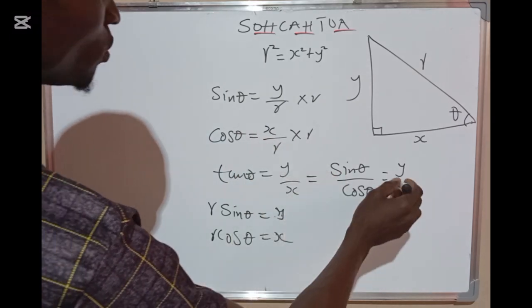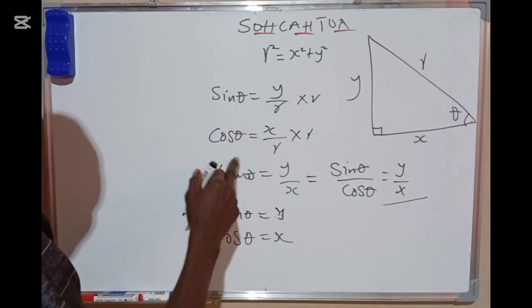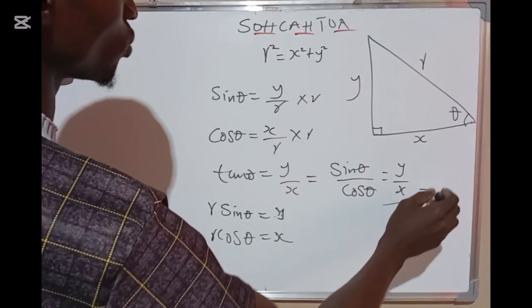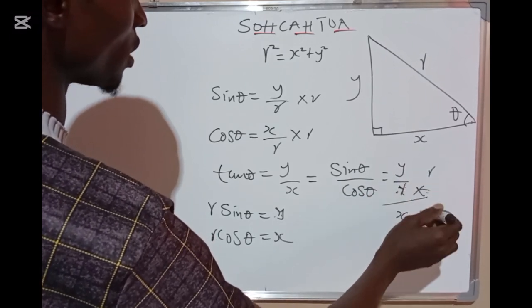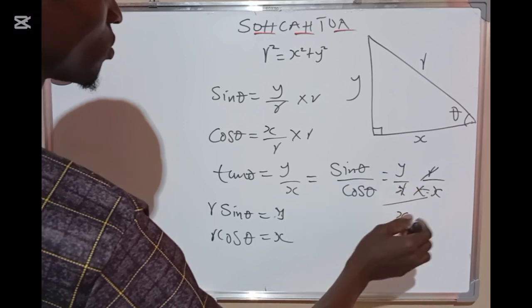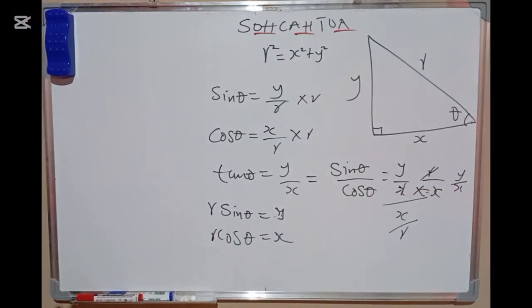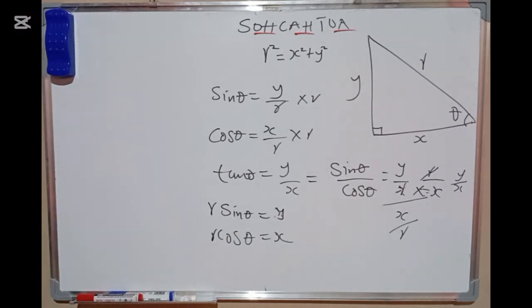And when we divide this by cos theta, which is x all over r, this is the same thing as multiplying by r, so r by r all over x, which r and r will cancel, and then we are left with y all over x as well. So you can either derive it like this or use sine theta all over cos theta to get what tan theta is. Now we have derived 4 different parameters that we are going to use to convert from polar to Cartesian and then from Cartesian to polar.